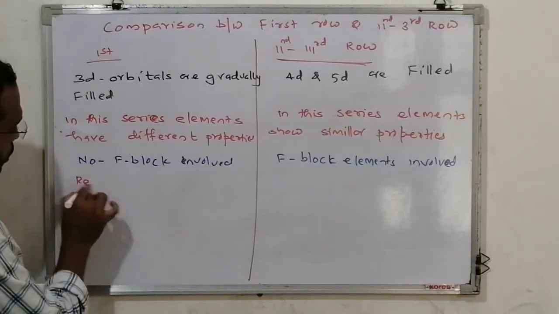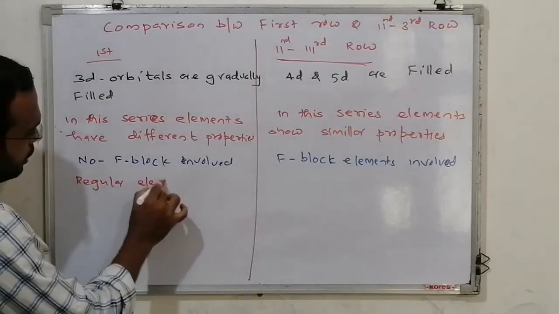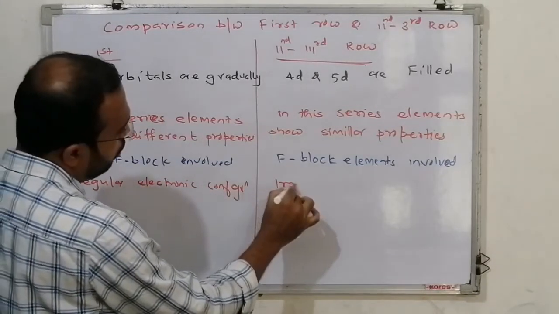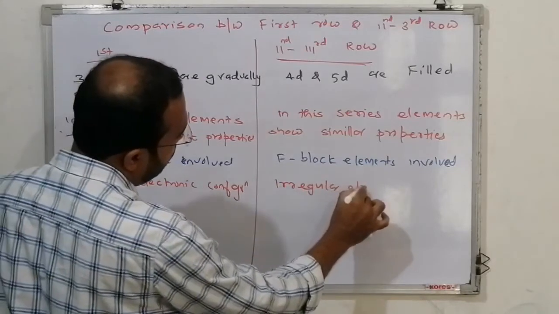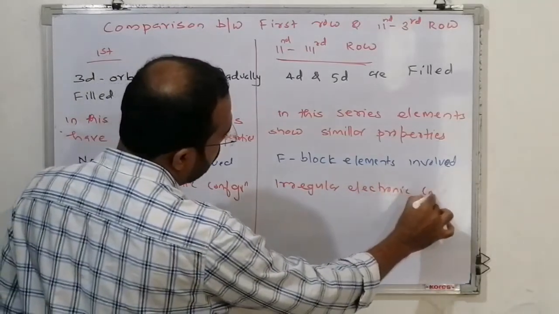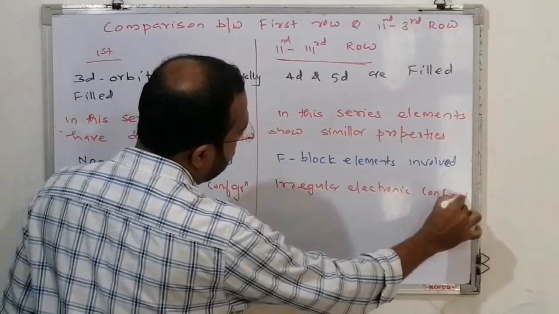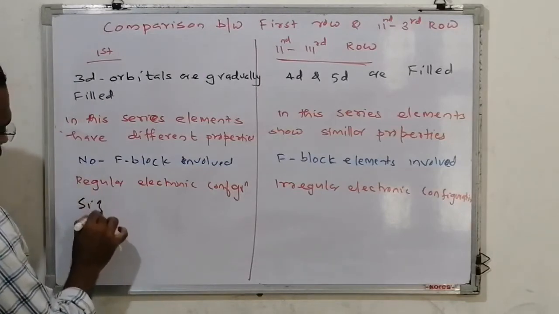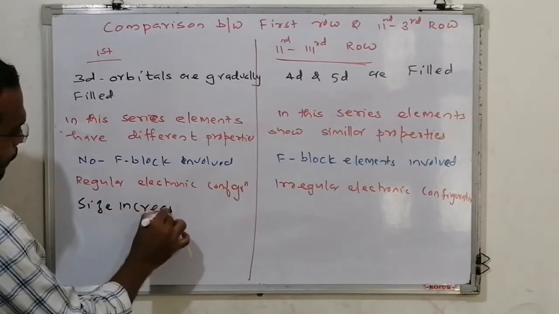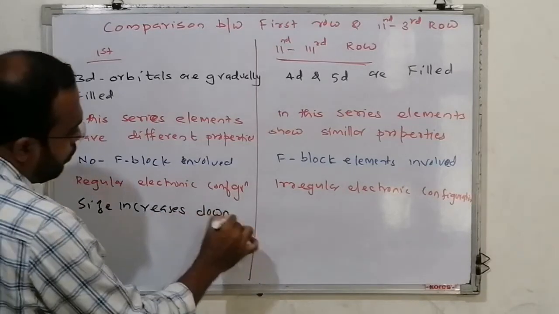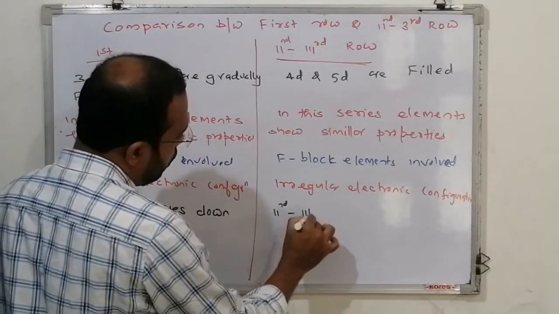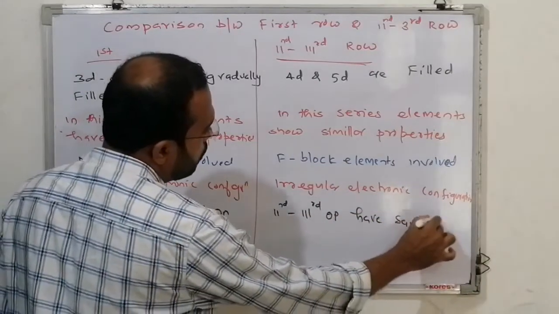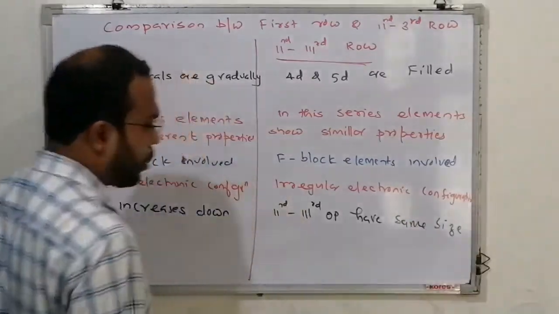There is a regular electronic configuration, but here irregular electronic configuration. Size increases down, but second, third series have the same size because of lanthanoid contraction.